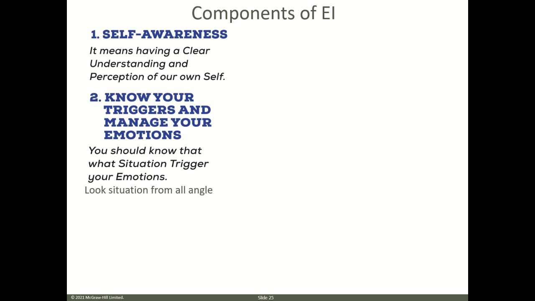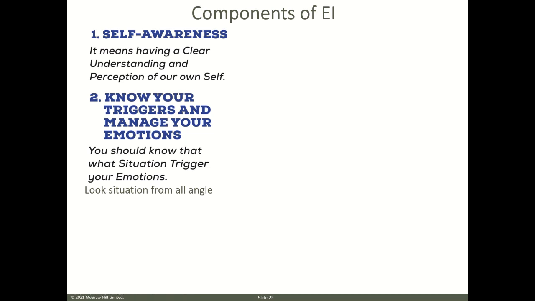Sometimes they know this is the limitation of the other person. If I say this to him, that is the trigger point. He will get mad at me, he will get angry, he will get happy. Trigger point. So you should know what situation triggers your emotions. Sometimes we don't consider these things.